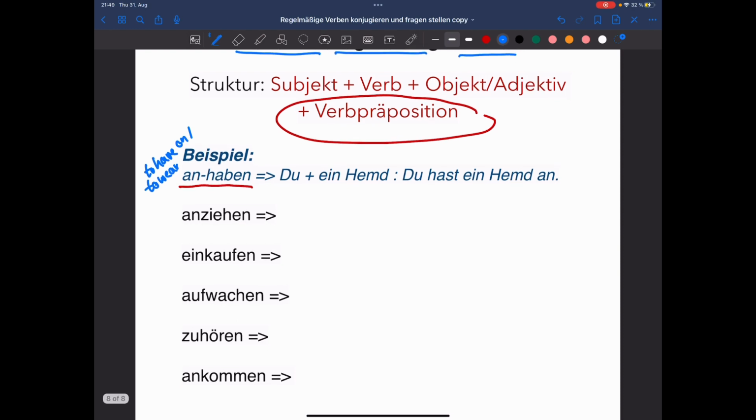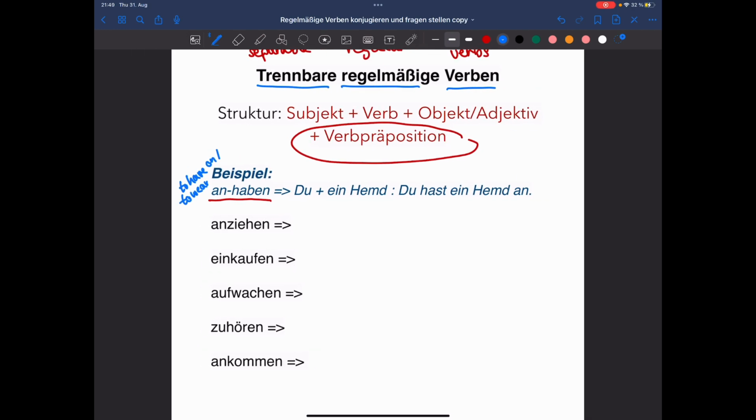When we conjugate this verb in a regular sentence, we have to split it up and put the verb preposition at the very end of the sentence. We conjugate the normal verb just the way we just learned. So, for example, du hast ein Hemd an. So you have a shirt on, basically. You're wearing a shirt.